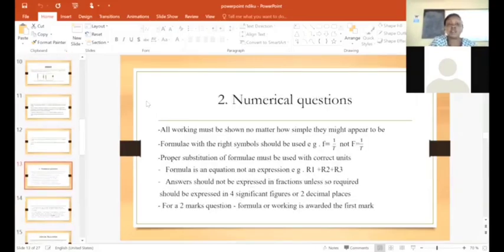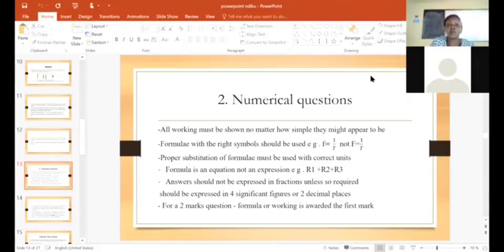We have the second type of questions, the numerical questions. When it comes to the numerical questions, all working must be shown, no matter how simple it might be. If working is not shown, then you might not score a mark.